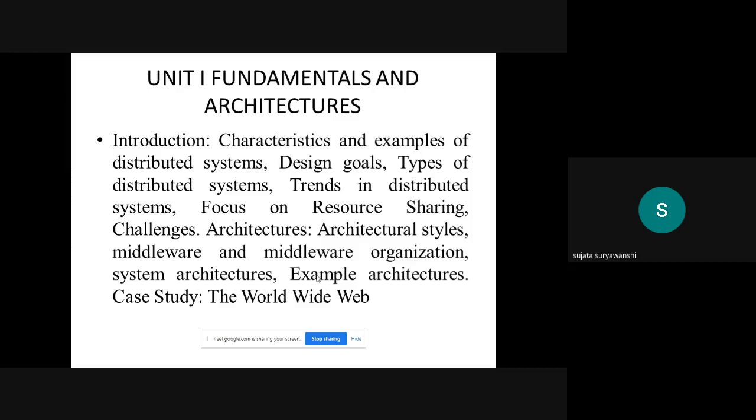Then after that we'll see the architectures, what architecture styles we can use to design or develop the distributed systems. Then the example architectures, and last one the case study, that is World Wide Web.